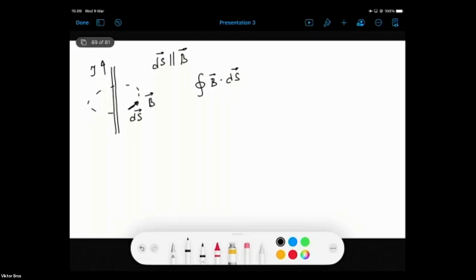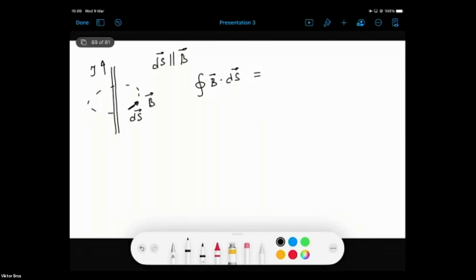Assuming that we have this circular symmetry around the conductor, and that the distribution of magnetic field also shares this circular symmetry, we can take this magnetic field out from the integral, because it is constant, so it doesn't change.